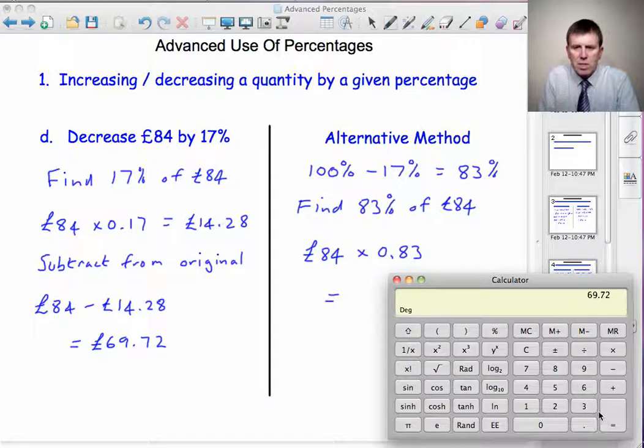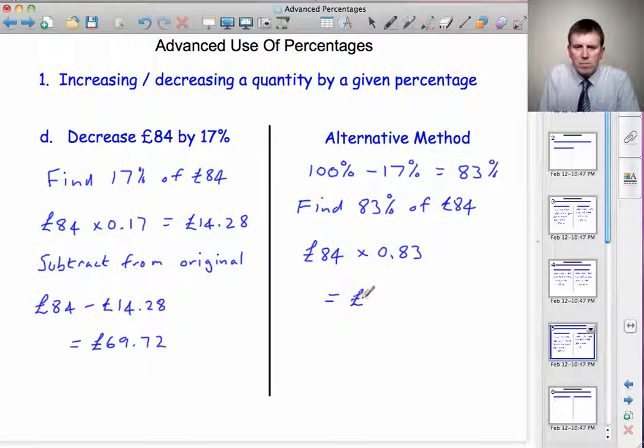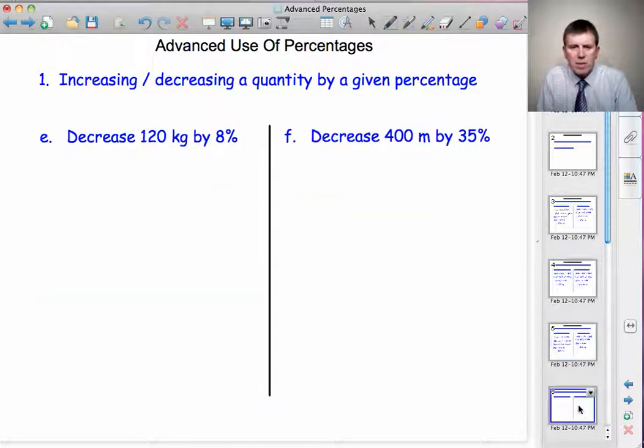And the answer is £69.72 as before. So again, instead of finding the percentage as a monetary amount and then subtracting, we've subtracted the percentage to get 83% and then found that as a monetary amount.